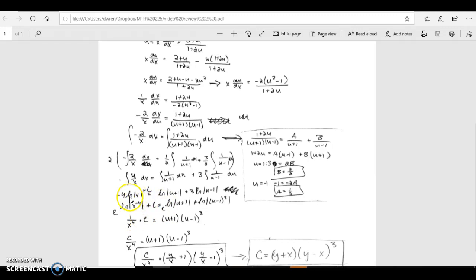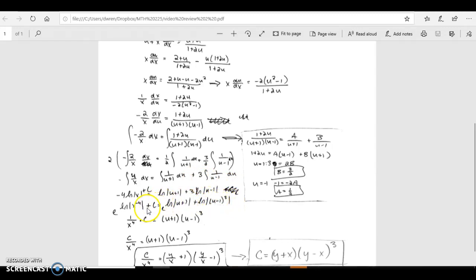But before we do that, we can pull the coefficient up front in as an exponent. So we would have the natural log of the absolute value of x to the minus 4 plus c equals the natural log of the absolute value of u plus 1, the coefficient would be 1, plus the natural log of the absolute value of the quantity u minus 1 to the third power, pulling the 3 in.